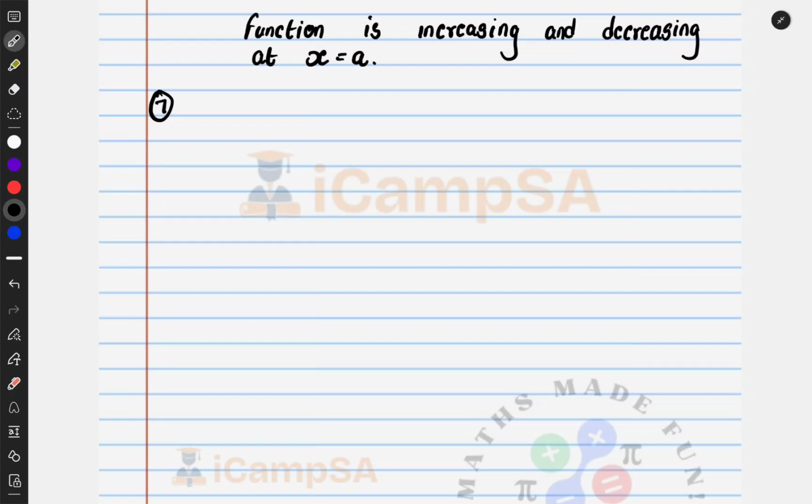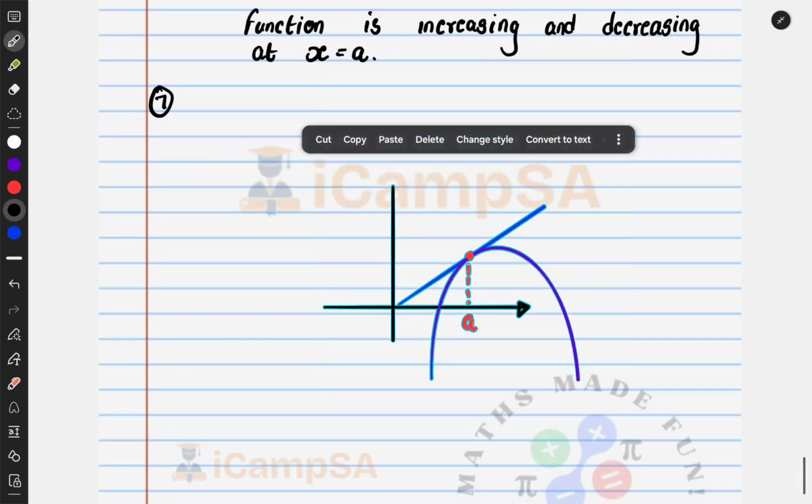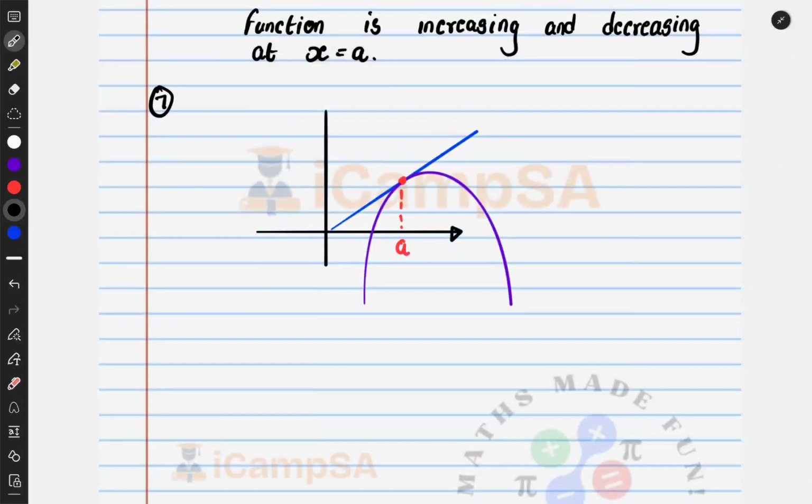A cubic function can increase then decrease because we have many cubic functions, but for the sake of simplicity we'll just deal with the simple cubic functions here, the one that increases before the stationary point and then increases again after the stationary point. So let me sketch this. Let's say you have this cubic function, and that is your stationary point there.